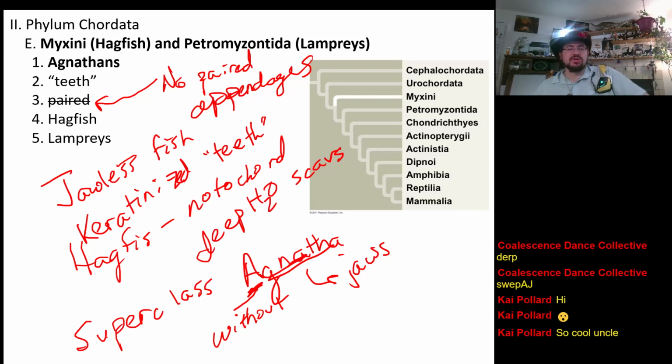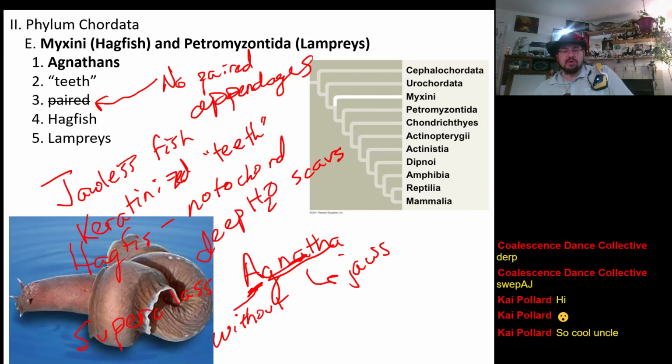Deep water scavengers. Now, hagfish are pretty cool because they secrete a defensive mucus. And I got a nice picture of a hagfish here. There we go. They secrete a defensive mucus.